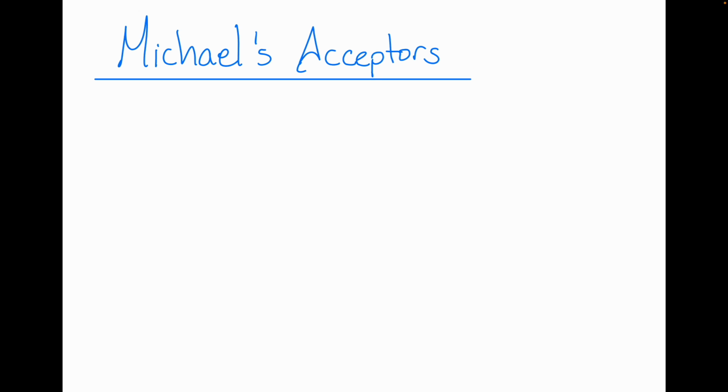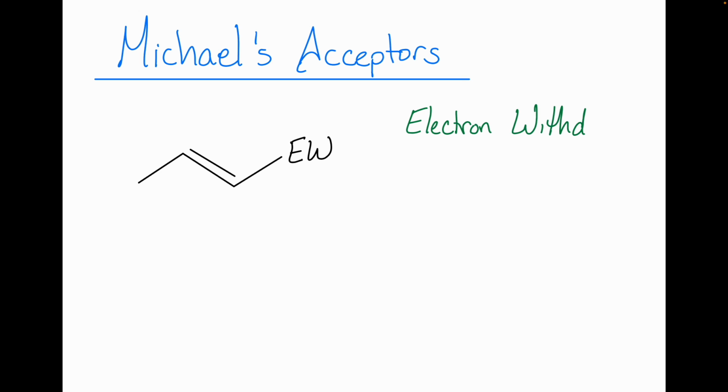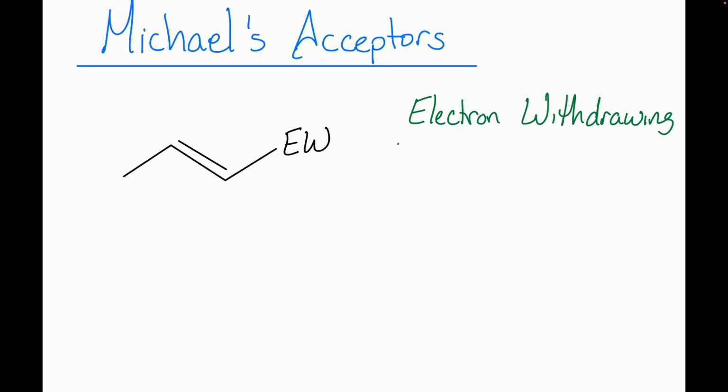Your Michael acceptors can be enones. It's a little bit more broad than that, actually. We just need to have this double bond that's sitting next to some good electron withdrawing group. We got a bunch of our possible electron withdrawing groups here. Pretty much anything with a carbonyl group in that position.